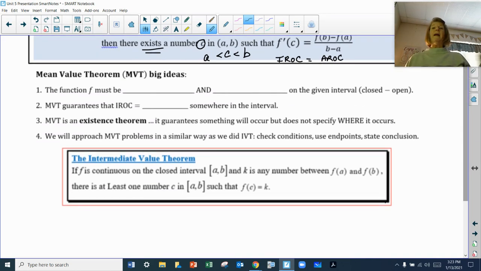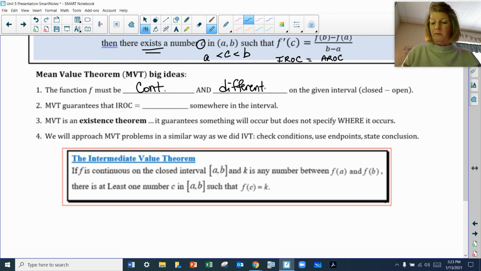The mean value theorem has some big ideas. The function must be continuous and differentiable. Write it fully out if you don't think you'll be able to remember what CONT stands for, or if you want to use differentiable, DIFF apostrophe T, that'll be fine. Mean value theorem guarantees that IROC equals AROC somewhere in the interval.